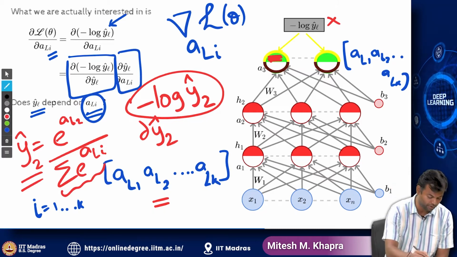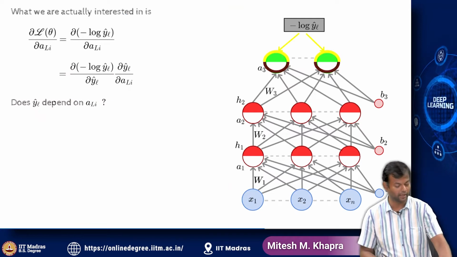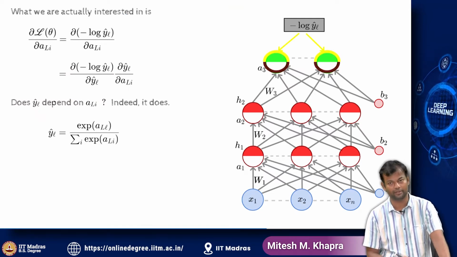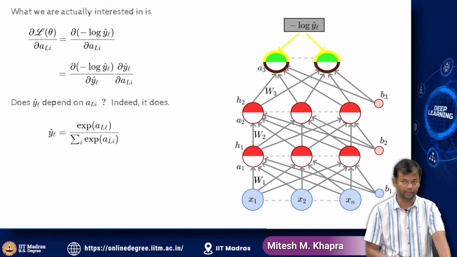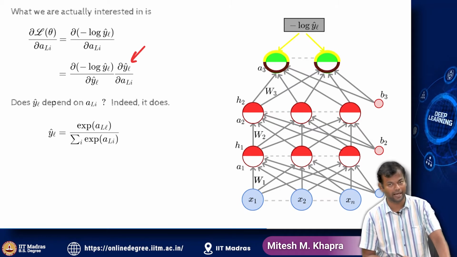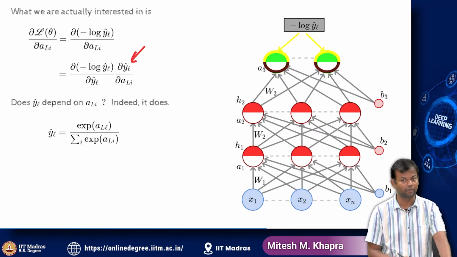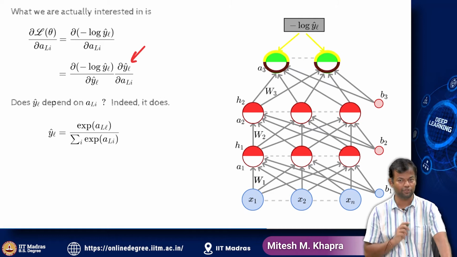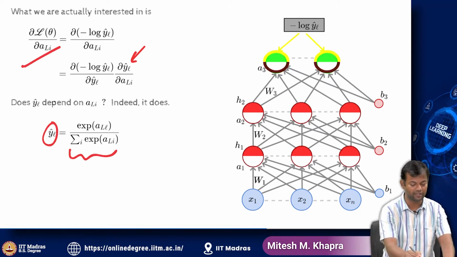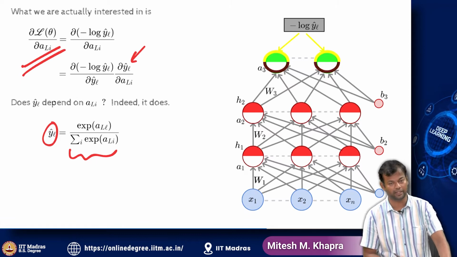So it's a function of all the aLi. This should be clear: we are trying to take the derivative of y hat l with respect to aLi, and hence it's a function of all the variables. Okay, so now that we have understood this and what the formula for y hat l is, let's try to derive this. Okay.